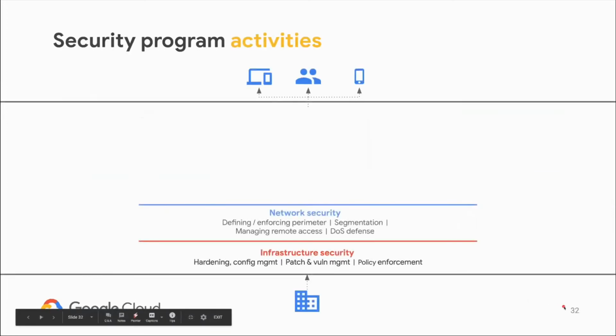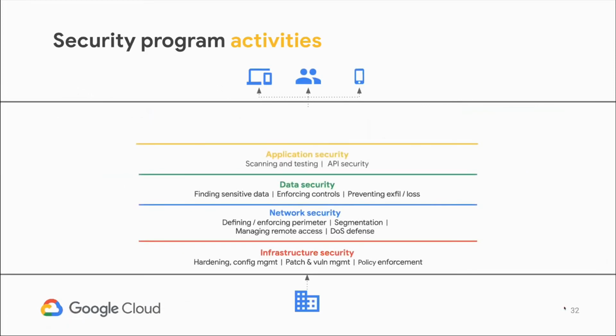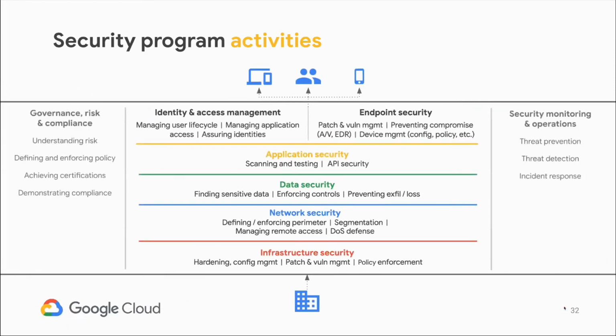So we're coming toward the end of the time for my session today. And the bottom line is that when you think globally about a security program, as you know, there are many areas of responsibility, right? You need to secure your infrastructure. You need to secure your network, your data, your applications. You need to manage identity and access, and you need to secure your device endpoints. There are also ongoing processes for security operations and governance, for risk, for compliance.